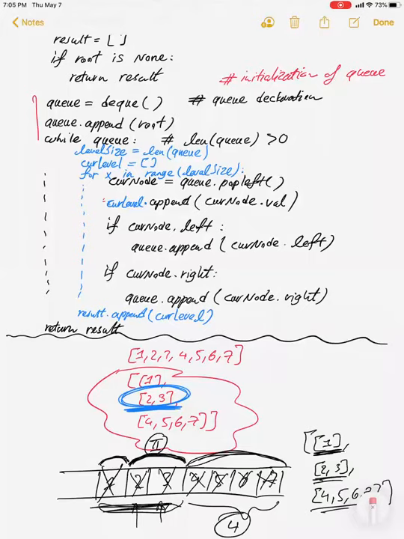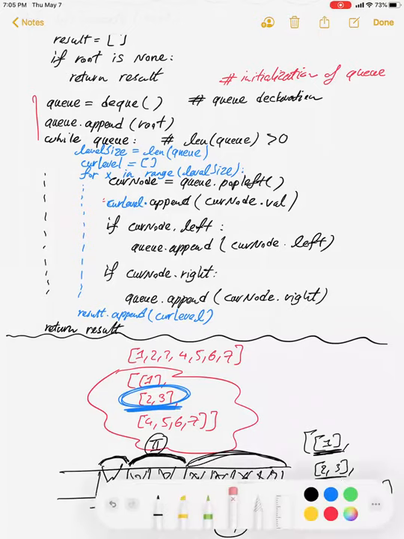We want to pop at each level all of the elements. So first, in the blue parts, we calculate the length of the queue, and we know that the length of the queue is the level size. We populate in the for loop with the size of our current level, create our current level array, and then we append it in the result.